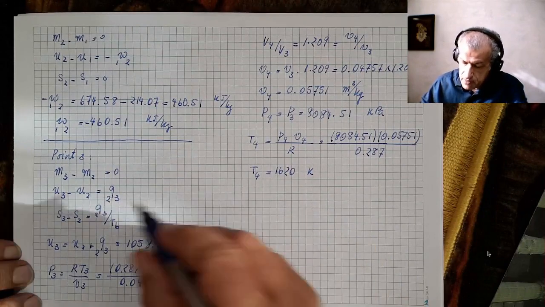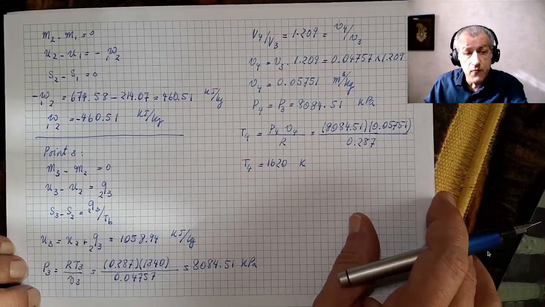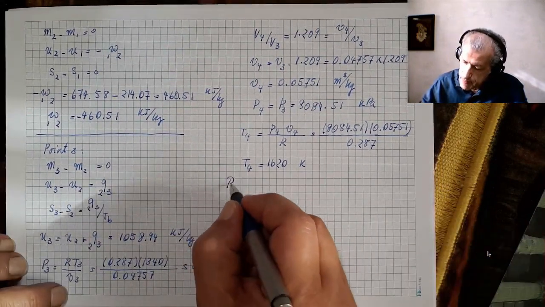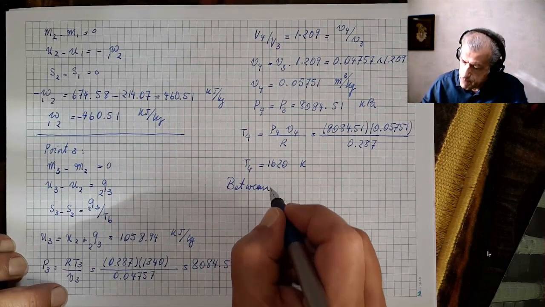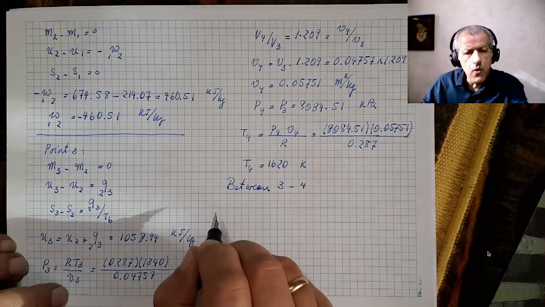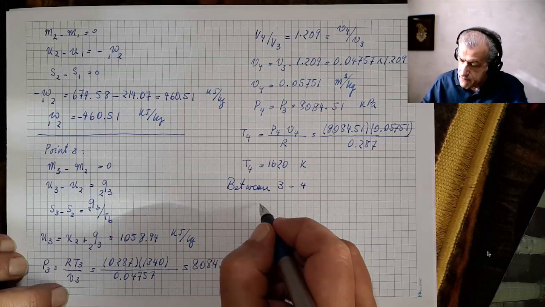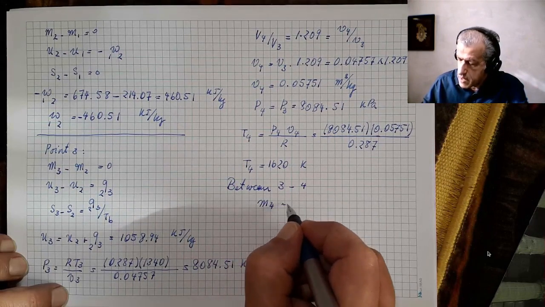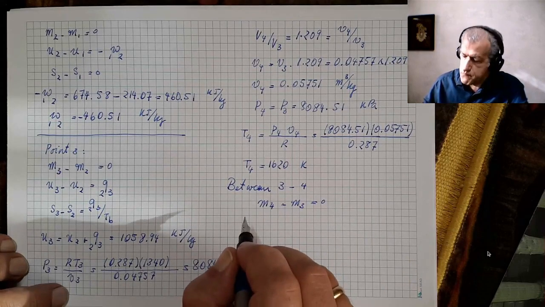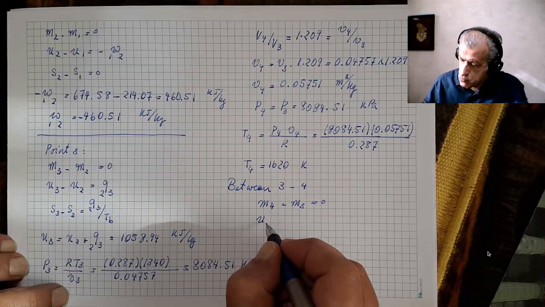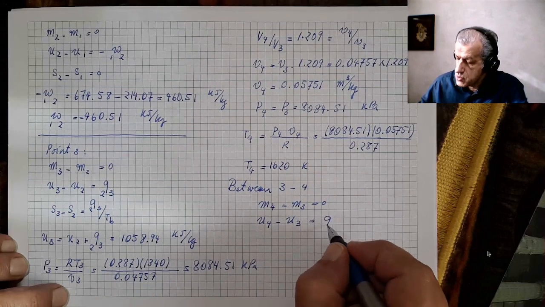If we write down our equations from 3 to 4, in this line, what we have is m4 minus m3 equals 0, and U4 minus U3 equals Q34.